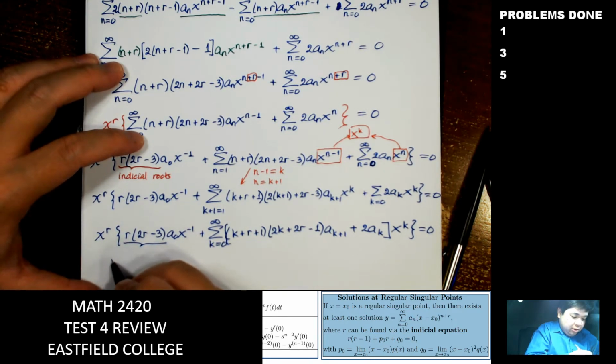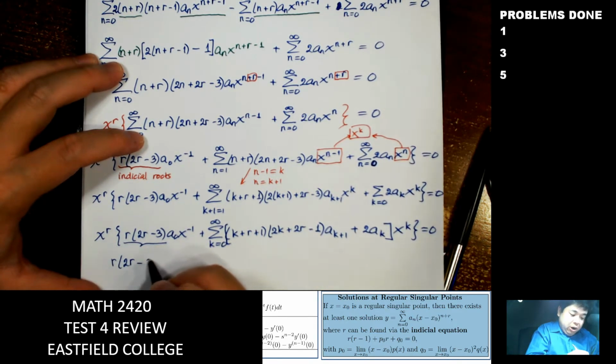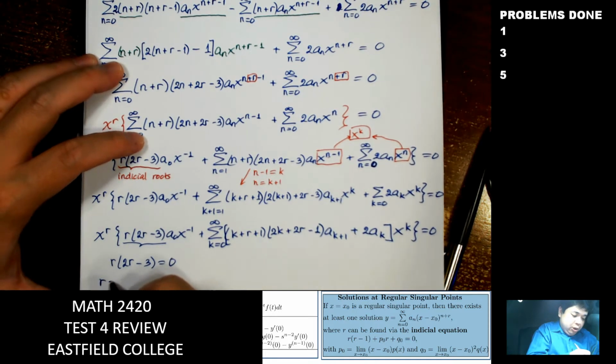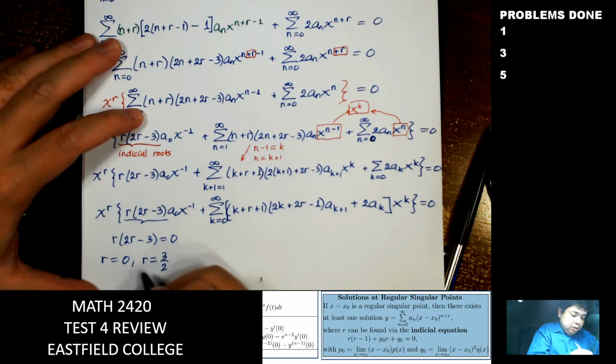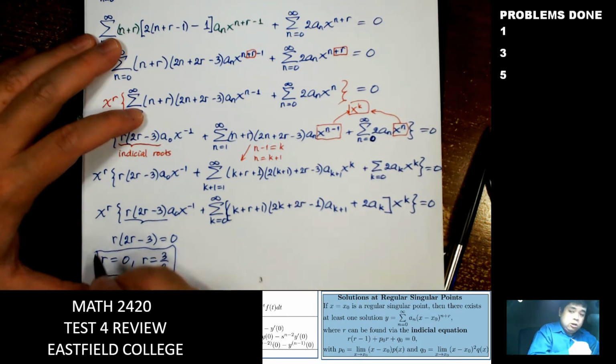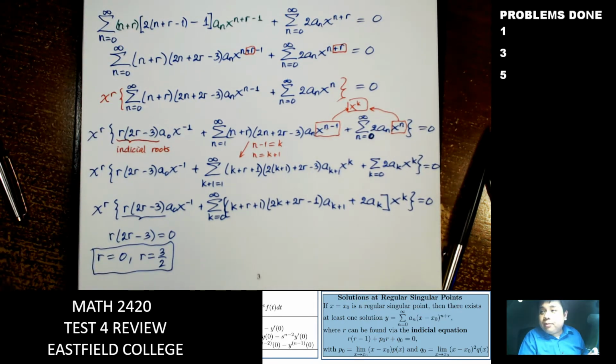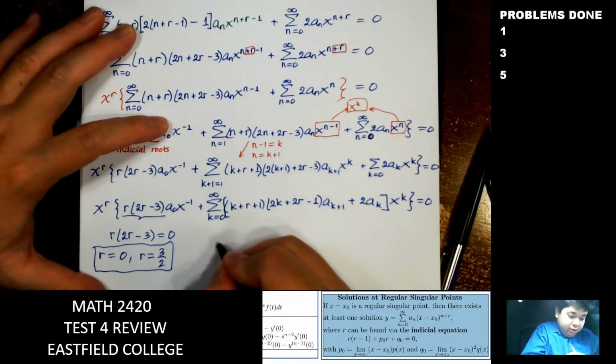This equal to 0, initial equation r equal to 0, r equal to 3/2. So we have that. Next we have this relation equal to 0.